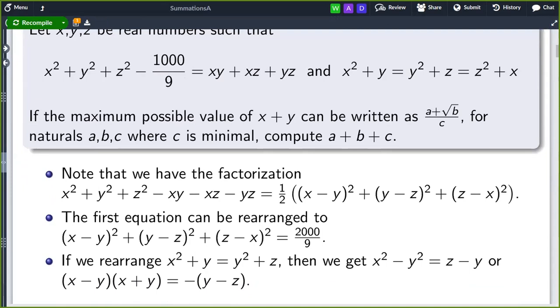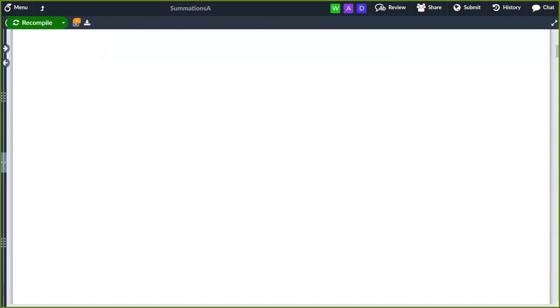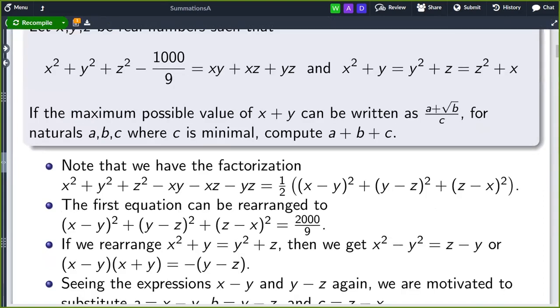Yeah, Kevin, that's the substitution we're going to be using. The reason we're using this is because we see these x minus y and y minus z terms again, so it seems pretty useful to set that substitution. We're going to let a equal x minus y, b equal y minus z, and c equal z minus x.